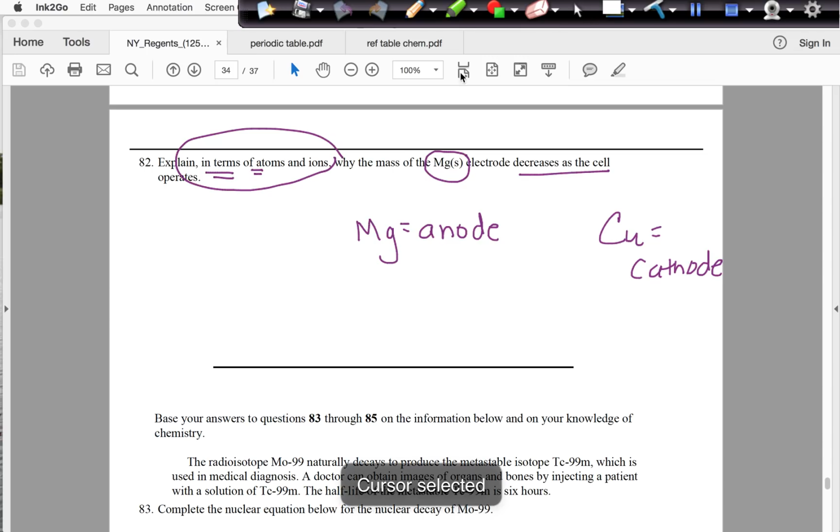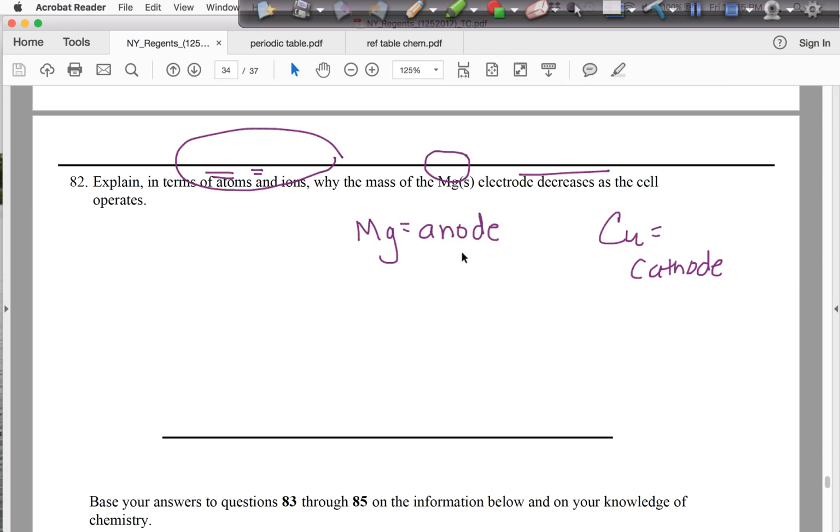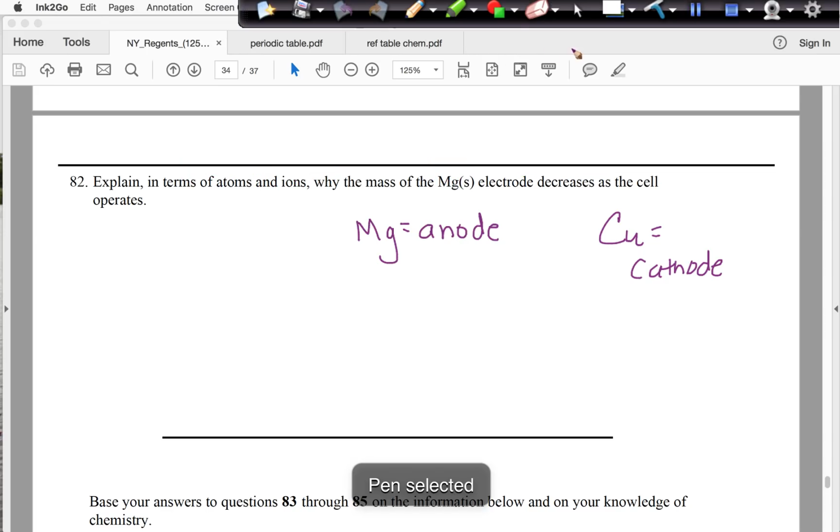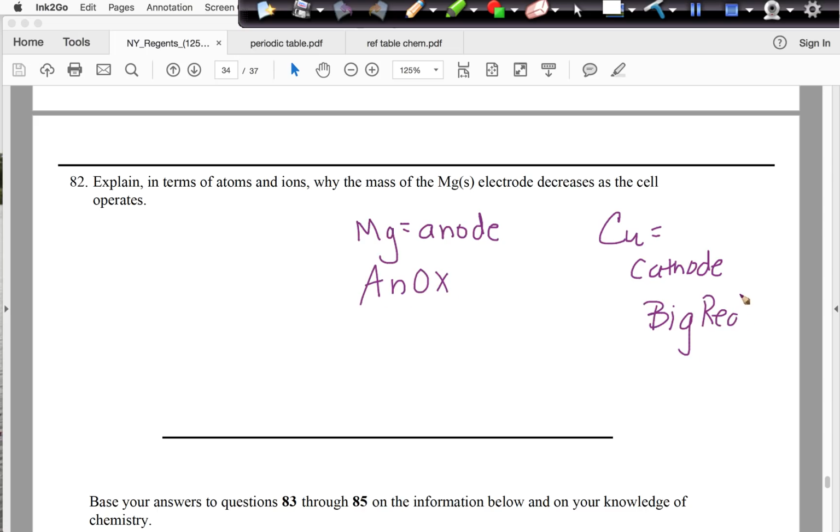So if the magnesium is the anode and the copper is the cathode, we use an ox and big red cat. The anode is oxidation, the cathode is reduction, and the cathode gets bigger.